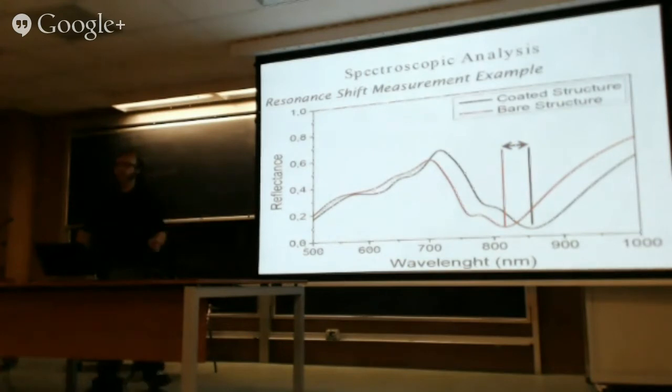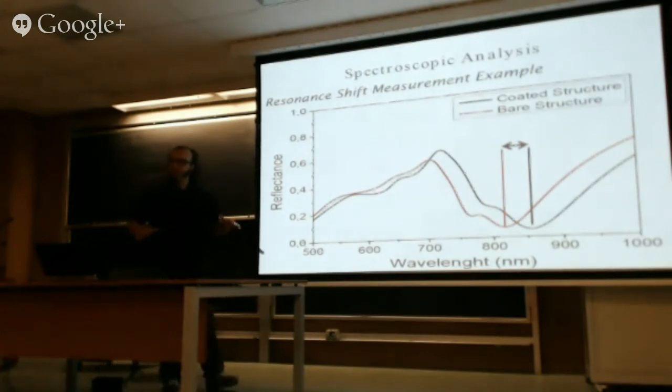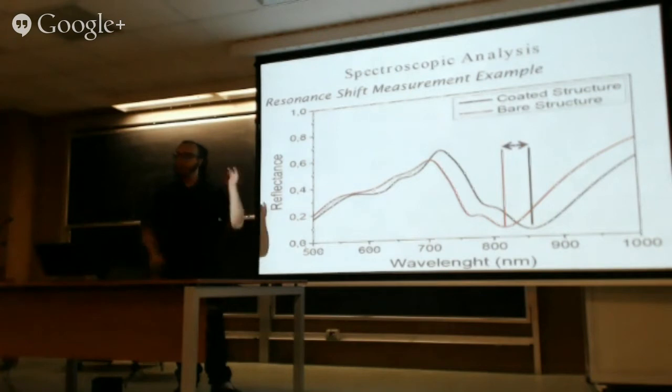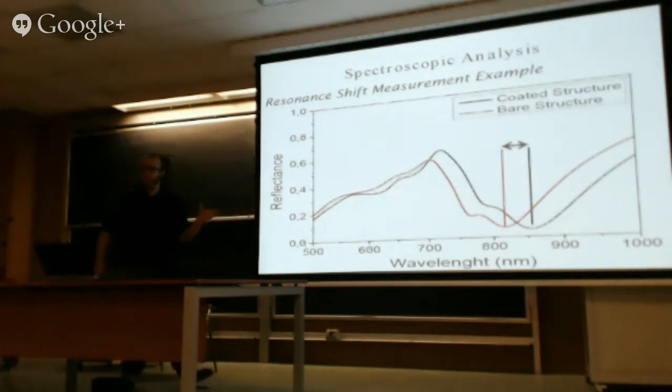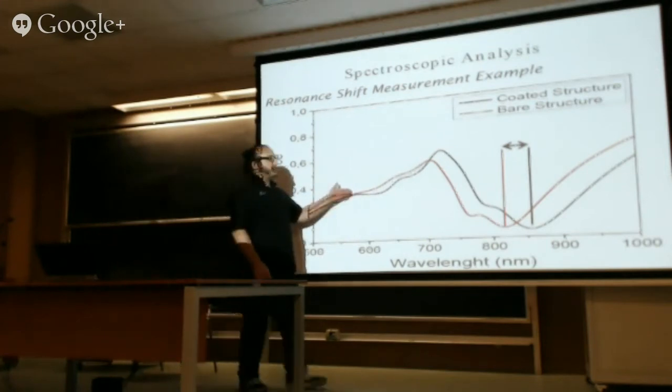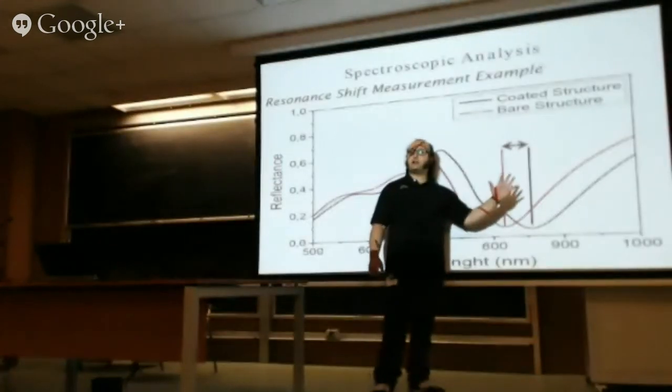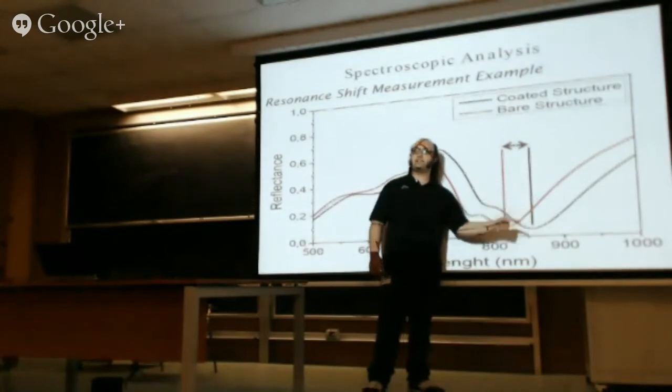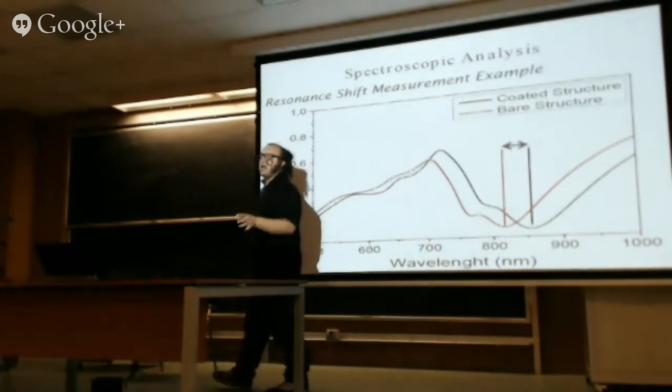In this case, we tried to coat the surface with a sol-gel glass. We put on top 5 nanometers of sol-gel glass, TEOS in particular, tetraethoxysilane, and we saw that the resonance is shifted. 5 nanometers of glass means a red shift of more or less 38 nanometers.